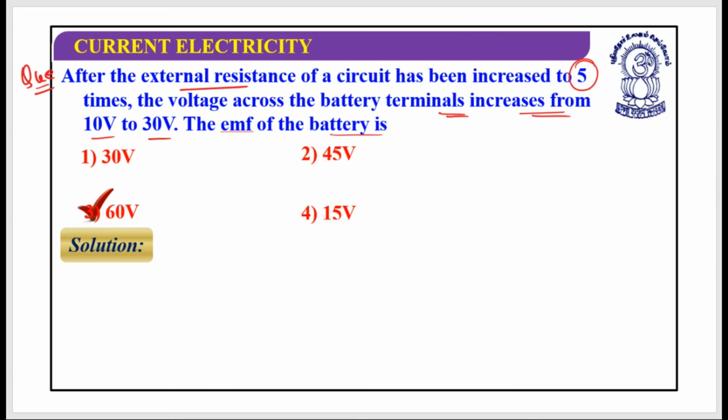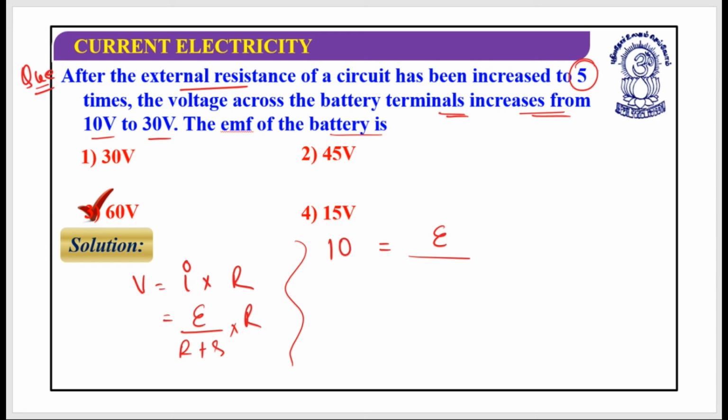So V equals I into R. I can be replaced as E divided by R plus r, multiplied by R. Initially the voltage was 10 volt, so 10 equals E divided by R plus r, multiplied by R. This is relation number 1.